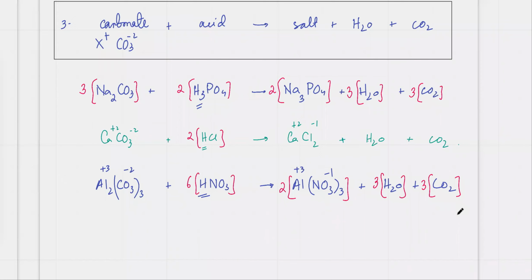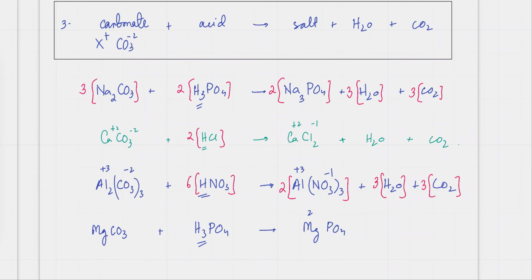Let's go with magnesium carbonate. Mg is 2 plus, CO3 is minus 2. With phosphoric acid, that's H3PO4. So again, get rid of the H, put Mg in its place, that's your salt.